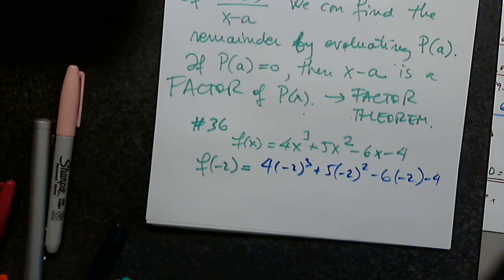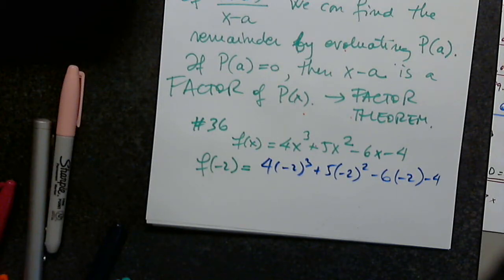What is the conclusion? Yes, what is a factor? Very good, x plus 2. x plus 2 is a factor of this if the answer here is 0. If it's not 0, I would say that's the remainder, but since it's not 0, x plus 2 is not a factor of that polynomial.